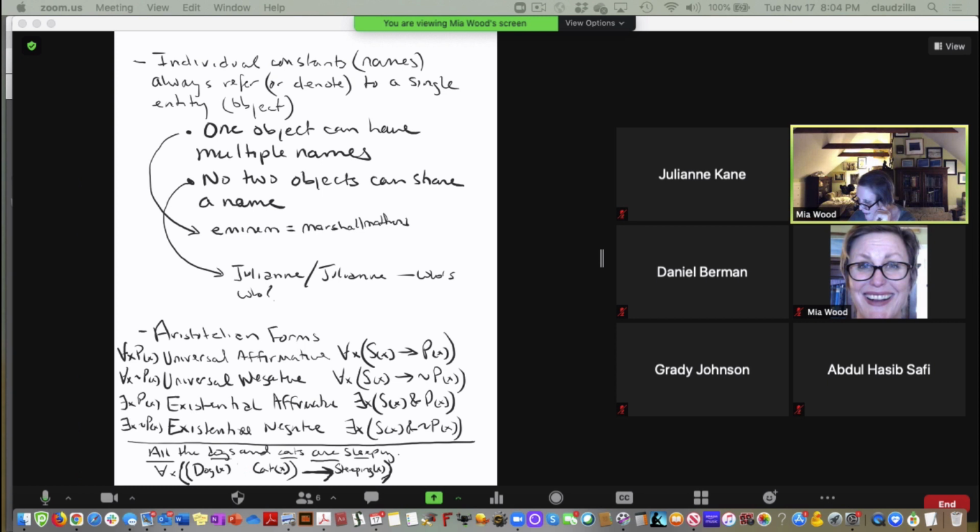We want to say for every x, if x is a dog or a cat, then x is asleep or x is sleeping. And I shouldn't use the verb sleeping, right? Because, going all the way back to Aristotle, we're talking about classes of things. So we have nouns or noun phrases.